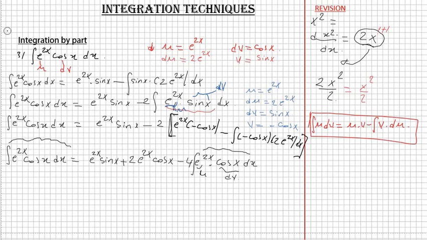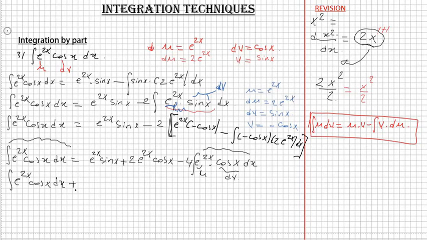So first copy this: e to the power of 2x cos x dx. When it goes to the left, the sign in front will change.